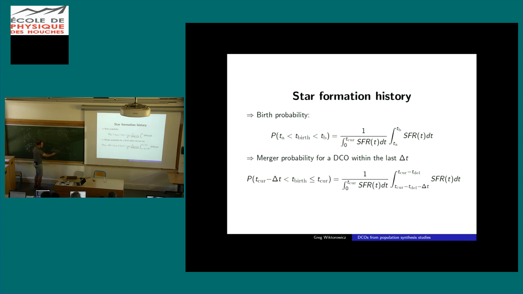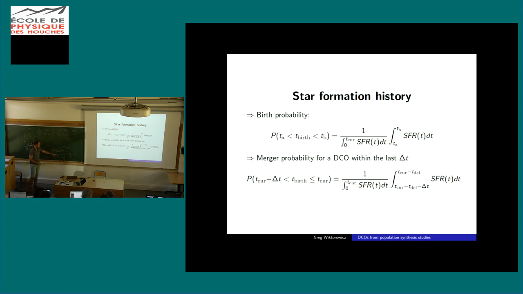If we want a system to fall here, it needs to be born in this part. It will be exactly the same as delta t. So when we use a constant star formation rate, we just have this probability equal to delta t divided by 10 gigayears.